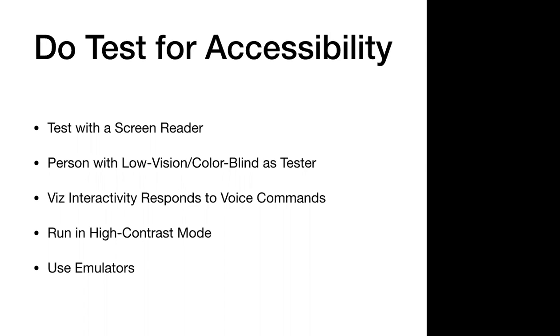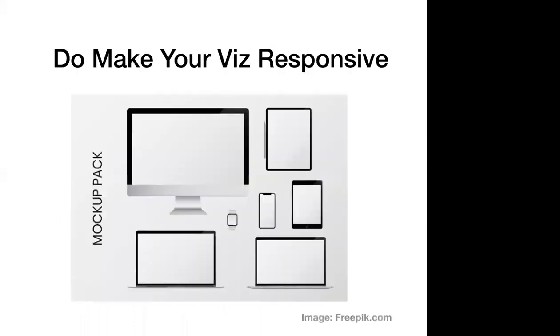You can download plugins for your browser, like Chrome, that put your thing into high contrast mode, which people with low vision find helpful. So you want to download that and use emulators. There's a lot of really great stuff out on the web about how this looks to someone who's colorblind, or who can't see. That is something you want to use, and it's a lot of fun.